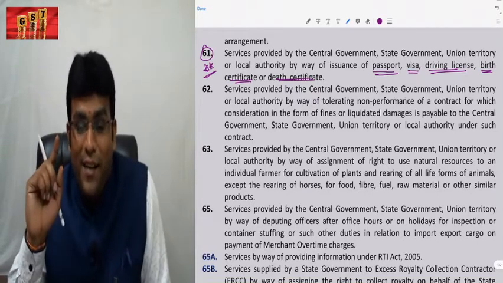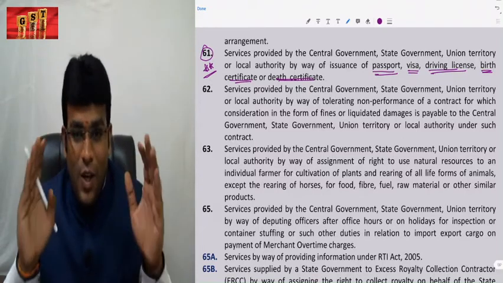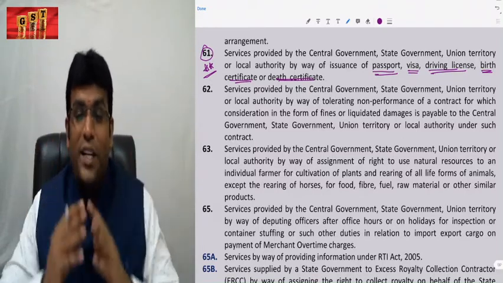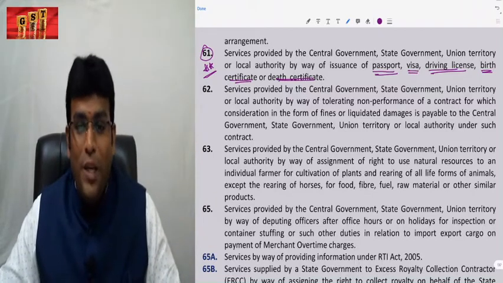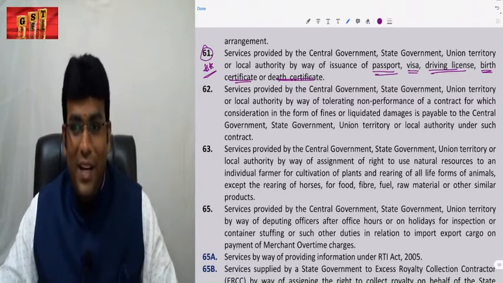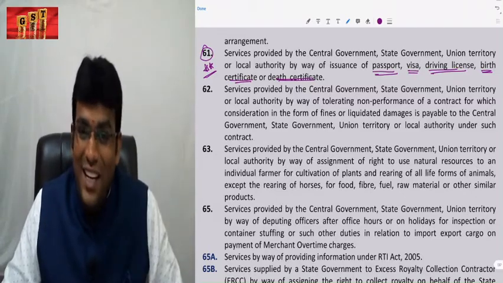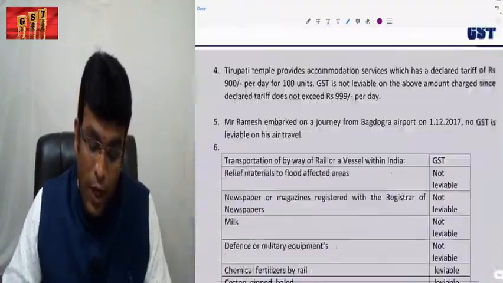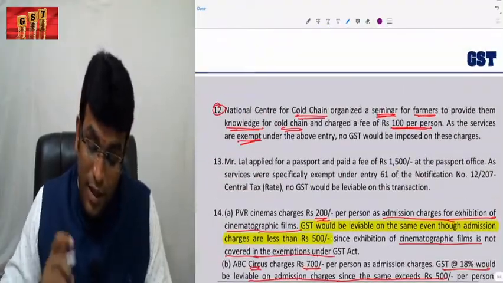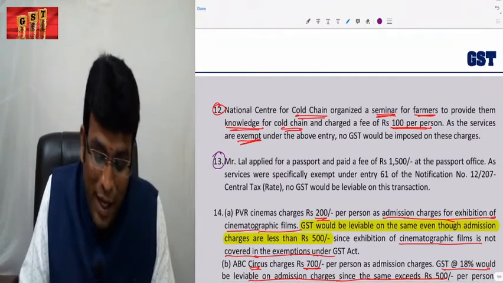Come on. Services provided by central government, state government, union territory or local authority by way of issuance of passport, visa, driving license, birth certificate or death certificate. Clear? Done. Sir, one FAQ is there on this point, my dear friends. See this, come on. Mr. Lal, what a lovely name.